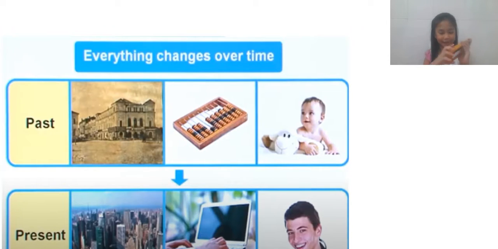Now let's count. 1, 2, 3, 4. And what do we have when we have 5? We take 1 bean from the bottom up and put these beans down. We have 5. Now next, 5, 6, 7, 8, 9.